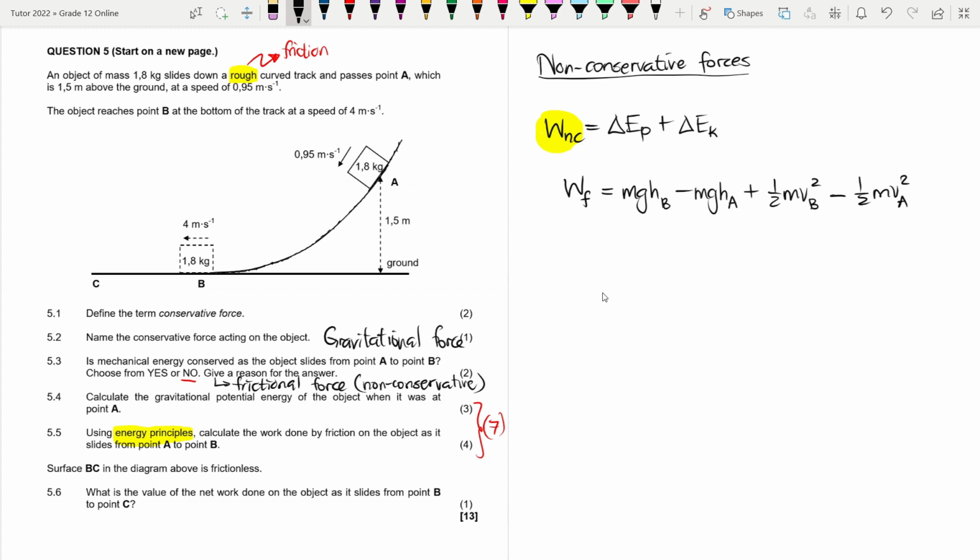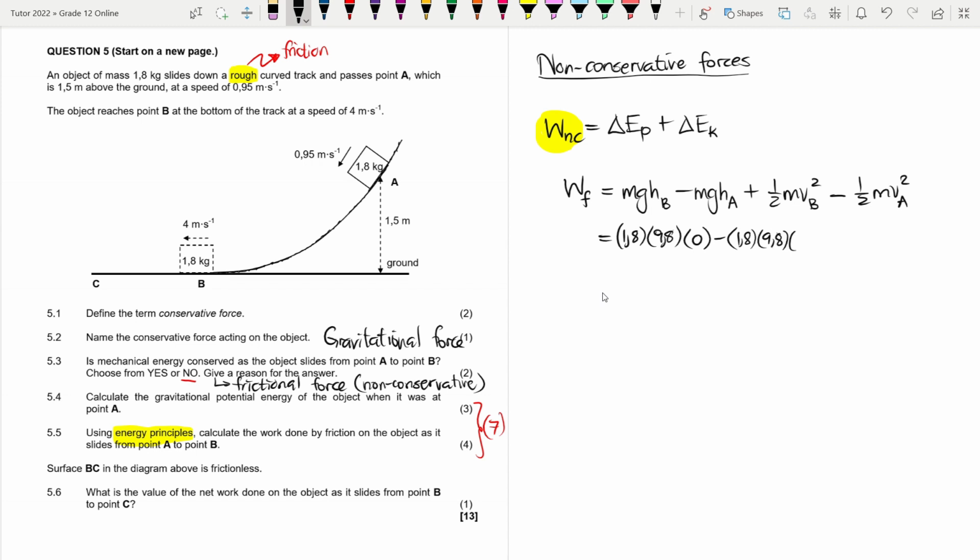Okay, let's do the substitutions now. So work done by friction is what we are looking for. The mass is just 1.8, 9.8 for our g. Height at B is on the ground, so 0 minus 1.8, 9.8.